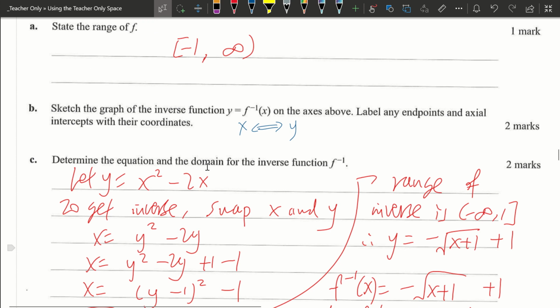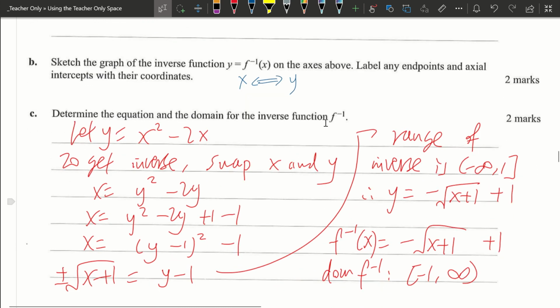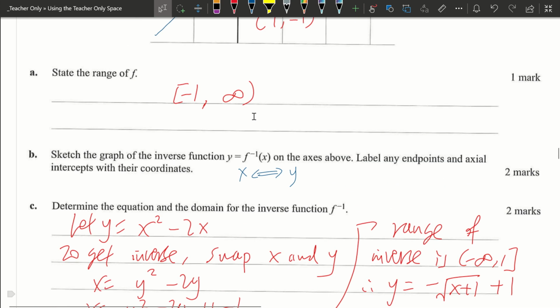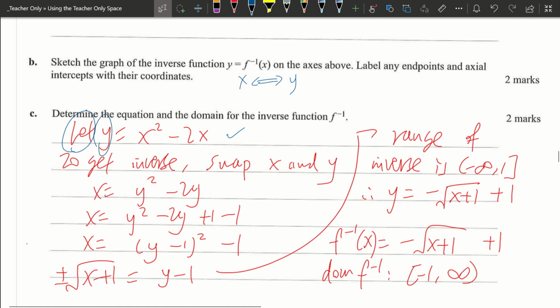Determine the equation and domain for the inverse function of f. Okay, here's a tricky part. You have to write let y equal to the rule. It's not safe to write y equals f(x). Don't do that.